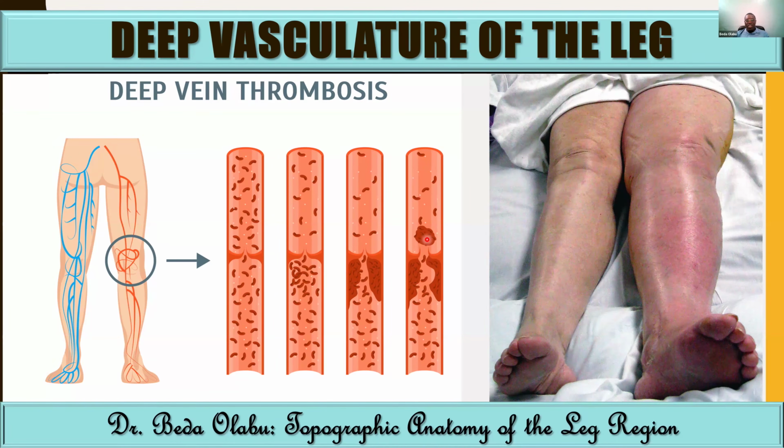This clot will now be called an embolus when it's being propagated. Thromboembolism means that the clot, the thrombus, is now running. When you have thromboembolism from the lower limb, this clot will go all the way to the heart because the vessels get wider until you reach the heart.